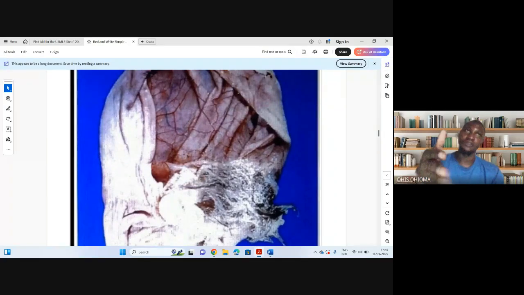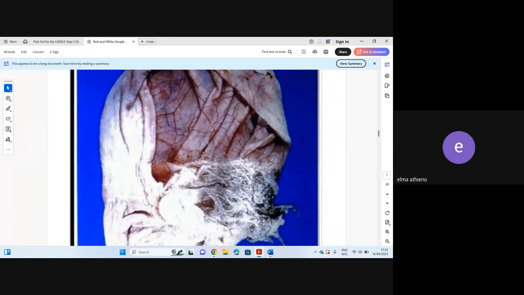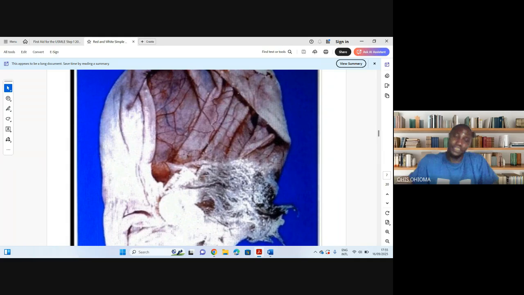What class of ovarian tumor is this? Germ cell tumor. Yes, germ cells. Remember the mnemonic I gave you guys? TIDY: mature teratoma, immature teratoma, dysgerminoma, yolk sac tumor. TIDY.